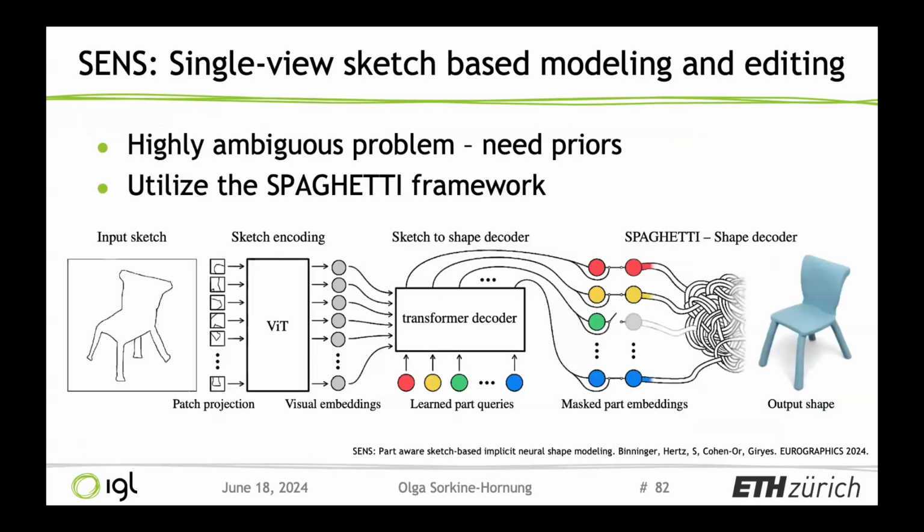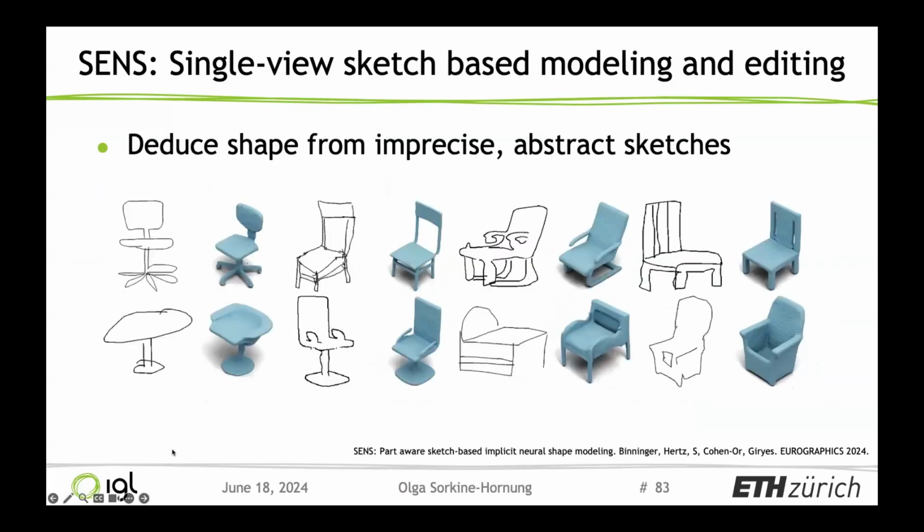Right, but of course, single view sketching is a classic thing that we could throw deep learning on, right? We could, because it's so ambiguous, right? When you just have a single view, how do you know what the shape looks like in 3D from other viewpoints? So it's very nice to utilize these priors that we learned from data, right? So what we did is we took the SPAGHETTI framework and combined it with sketching inputs. And it doesn't have to be a very precise sketch. It can be quite abstract.